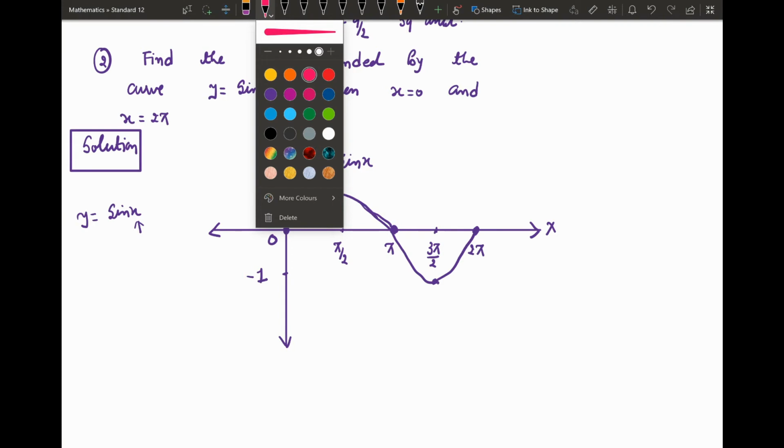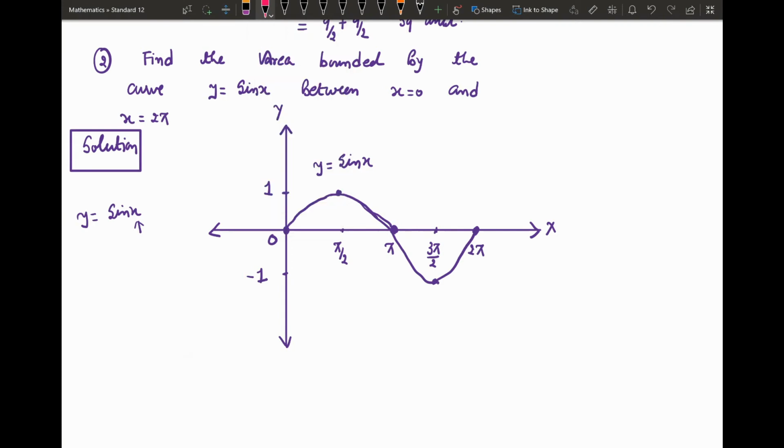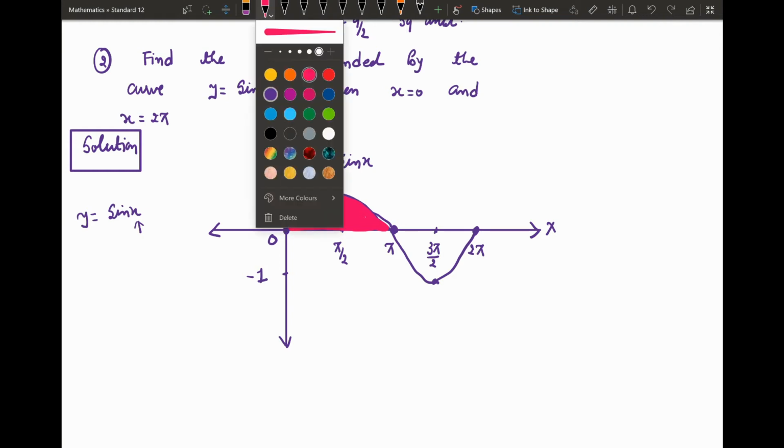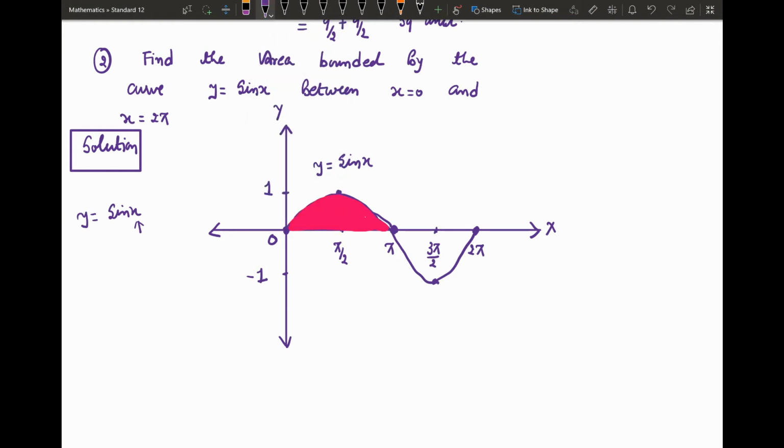Now we will divide the limit into two parts. The reason is, the first portion is this one, and here you can observe in this portion y is positive, so one portion is this one and another portion is the lower portion.